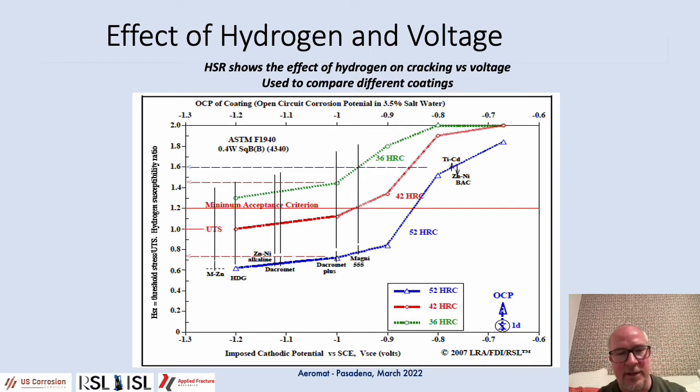And you can see as the material gets softer, the lower hardness materials like the 36 HRC are much less susceptible to hydrogen and to its effects. But as the material gets harder, the more electronegative materials get to the point where they're no longer able to pass and where they're having problems with hydrogen embrittlement.